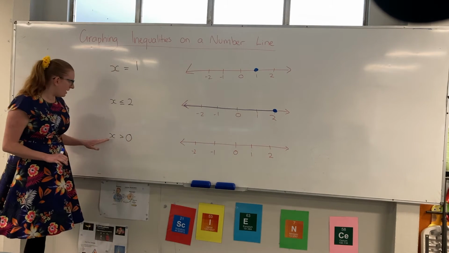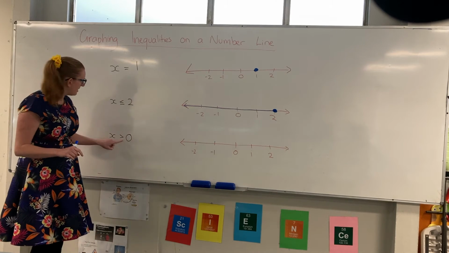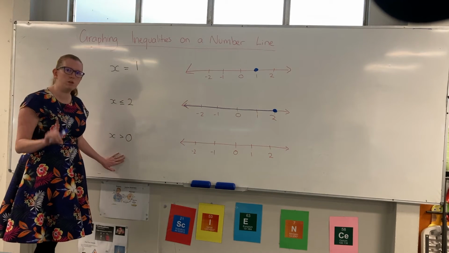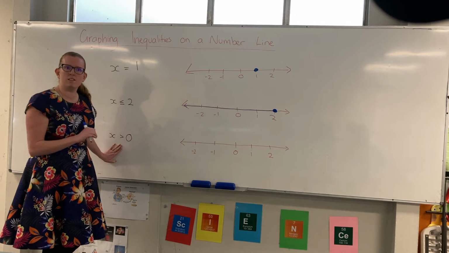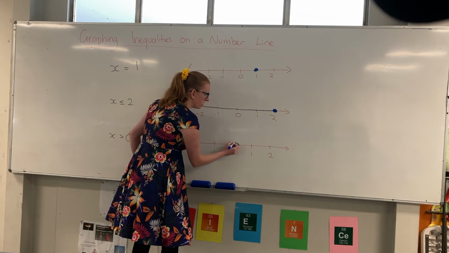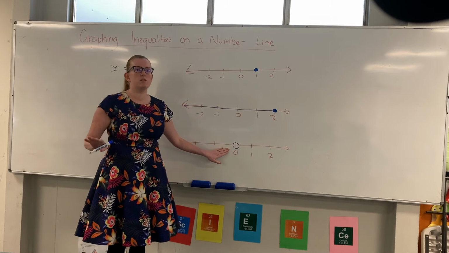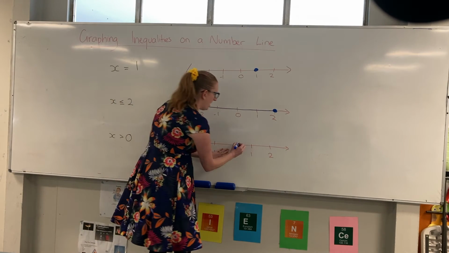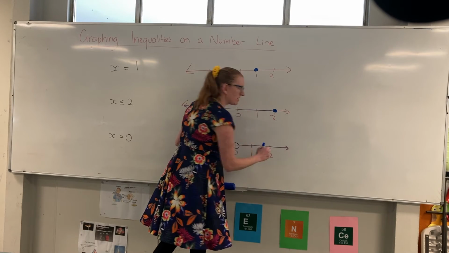So here I've got x is greater than 0. It's not equal to 0 because it doesn't have that little line underneath. So it's not equal to 0, but it's all of the numbers bigger than 0. So what I do is I put an open circle, and that represents that x is not equal to 0. And then I put an arrow pointing towards all the numbers that x could be.